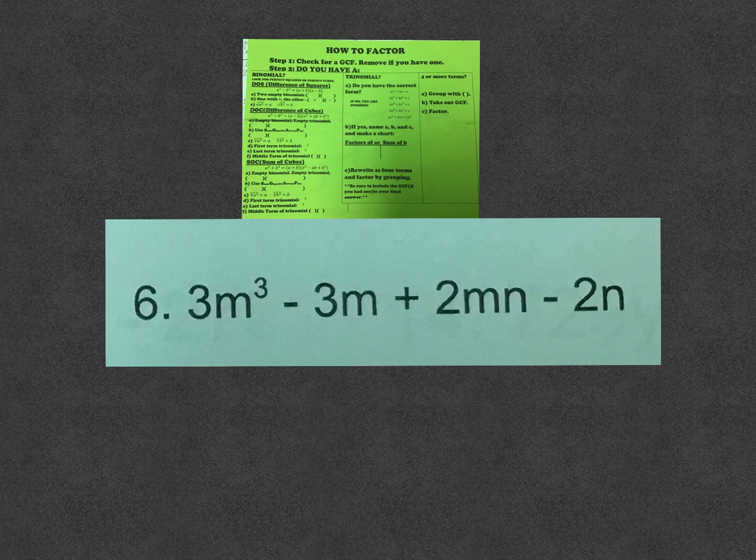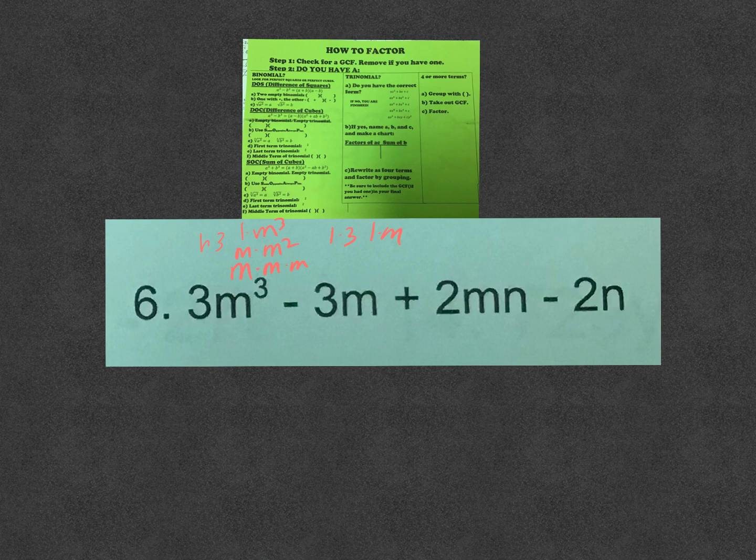Looking at the steps, step 1, do I have a greatest common factor? The factors: 1 times 3, 1 times m cubed, m times m squared, or m times m times m. This one, 1 times 3, 1 times m.